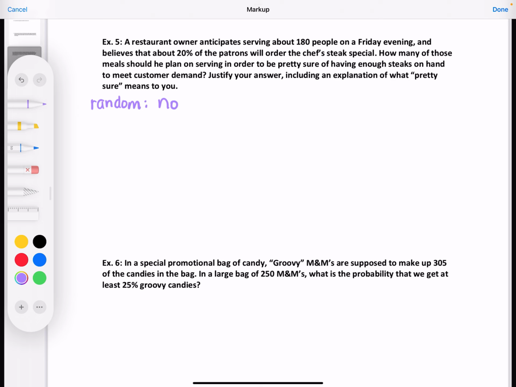In a sense it is, but at the same time the people may be coming specifically for the special. So it's just a representation. But it's a representative sample, because that's the other thing that it can be. If it's not random, but it's representative, that is sufficient.